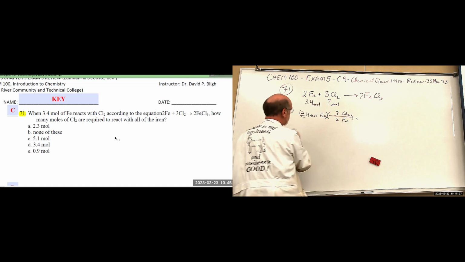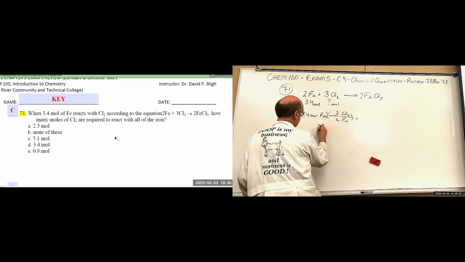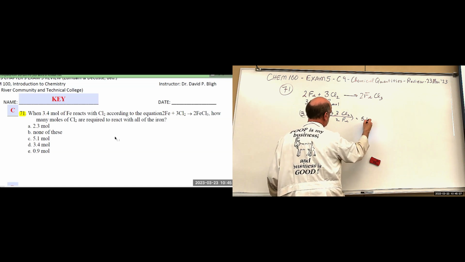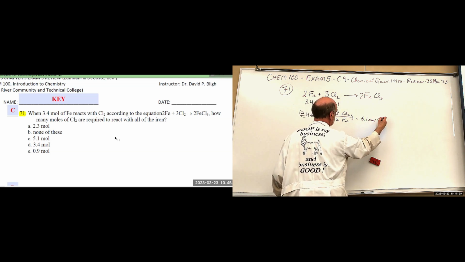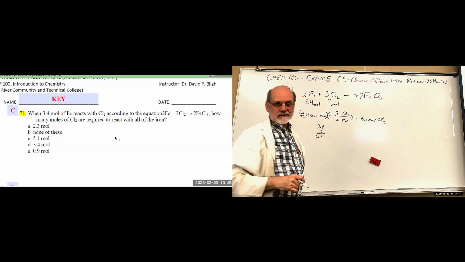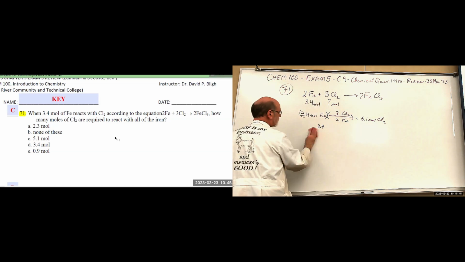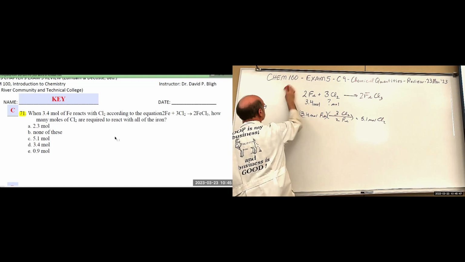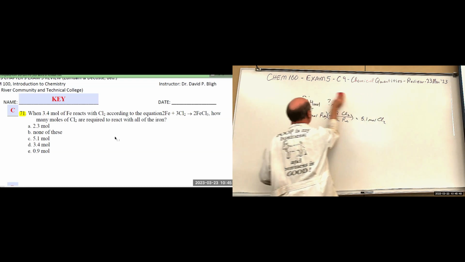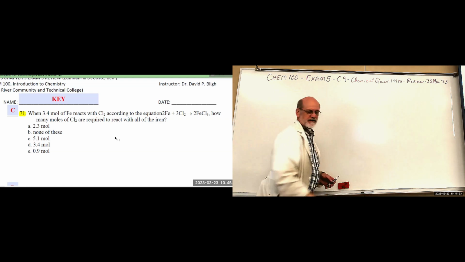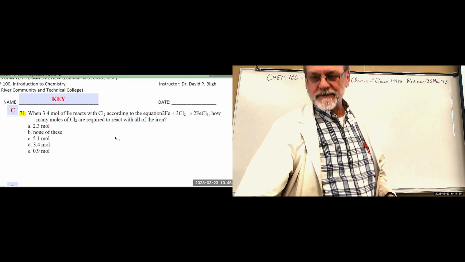So 1.5 times 3.4 would be 5.1 moles of chlorine. Right? C's the answer. You can use your calculator if you want. I just figured it was quicker to do it in my head.